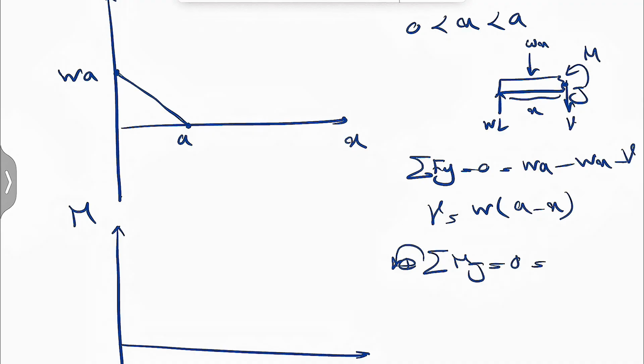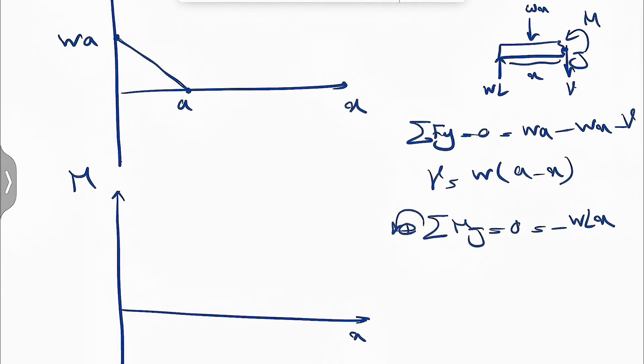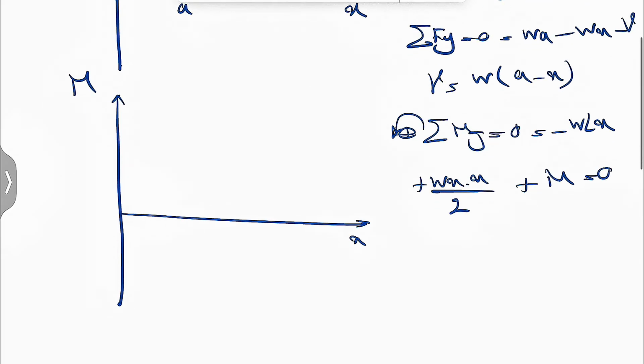So what we're going to have is the moment of WA, which is clockwise, so negative WA times X. We have the moment of WX, this one's counterclockwise, so positive WX, and it's at a distance of half of X, so times X divided by 2. Plus M equals 0, so our M is going to be WAX minus WX squared divided by 2.